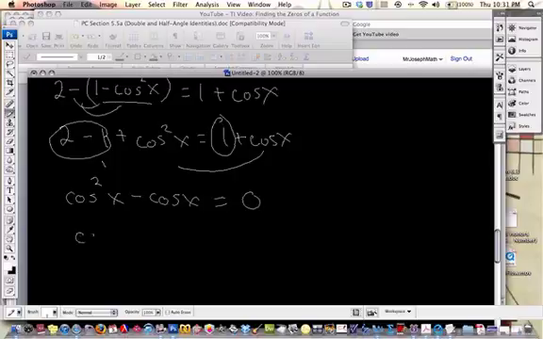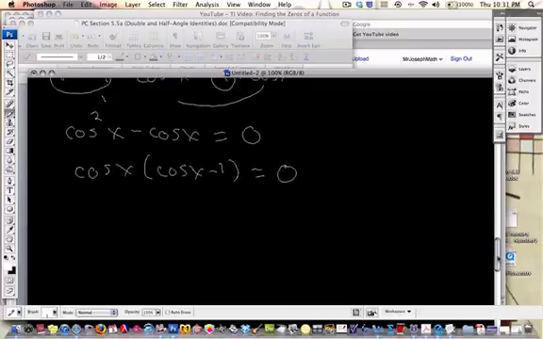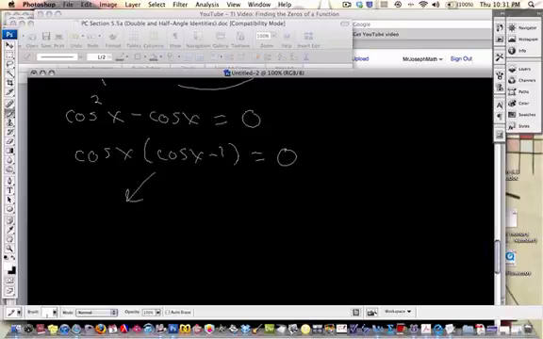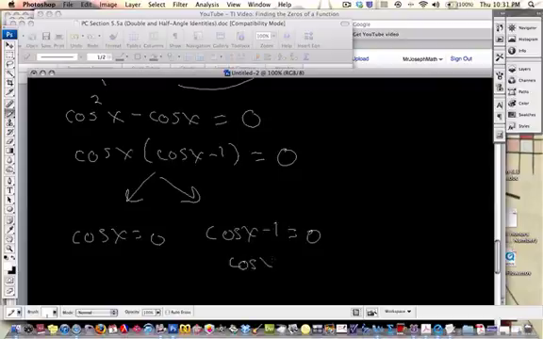So again, we've seen this before. We're going to factor out a cosine x, left with cosine x times cosine x minus 1 equals 0. Can use the zero product property to split this up. Cosine x equals 0, and cosine x minus 1 equals 0, that's cosine x equals 1. Almost done.